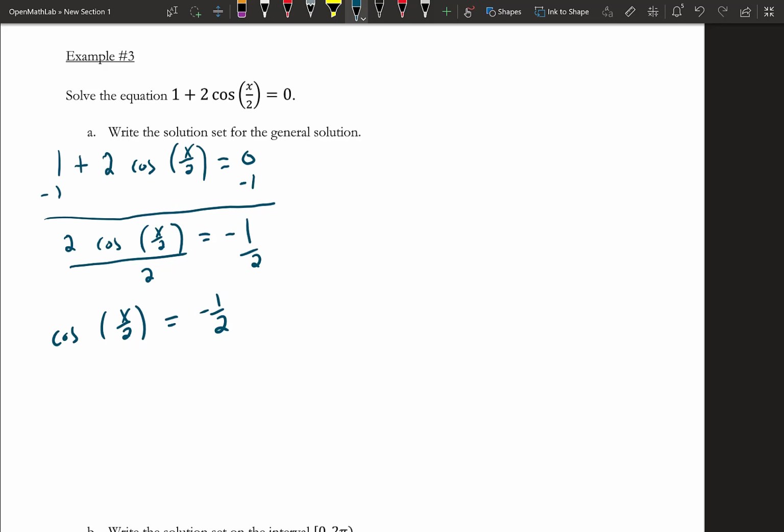Right? So thinking about this, I do have a special right triangle that's going to have 1/2 as a possibility. So if this is pi over 3 and this is pi over 6, this would be 1, and then 1/2 here, and then radical 3 over 2.